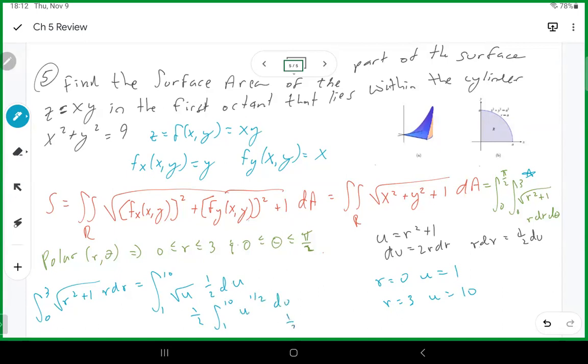It looks like I'm going to run out of room. It's going to be u to the 3/2 divided by 3/2, 1 to 10. Okay, hopefully you all have that.